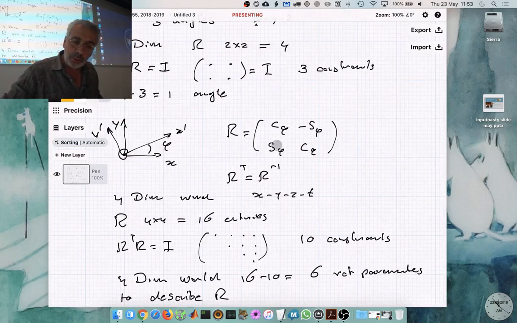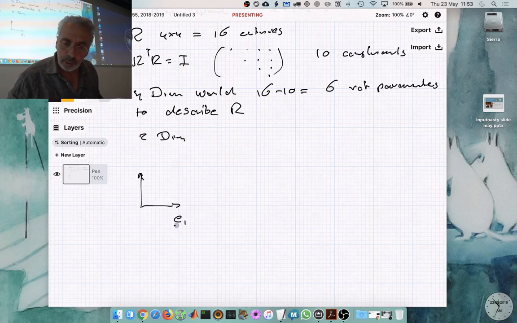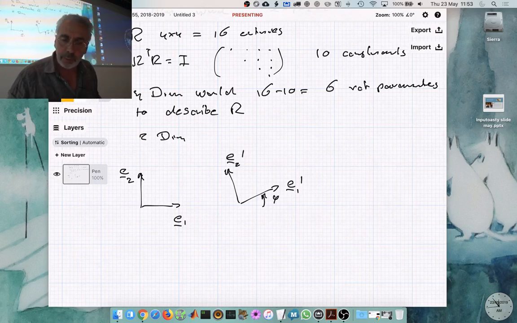By the way, how did I get this rotation matrix? I now did it by head, but we could also take the whole definition of the thing. So in a 2-dimensional world, I have my base vectors E1 and E2. And then in a rotated configuration I have the other, E1 prime and E2 prime, and this is the angle phi.